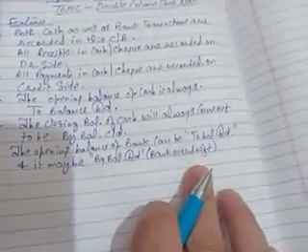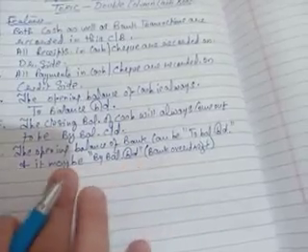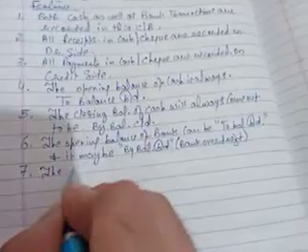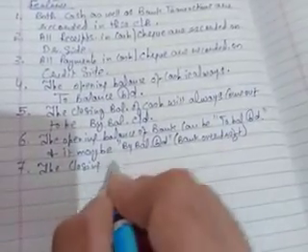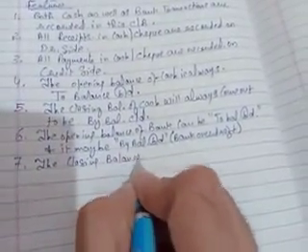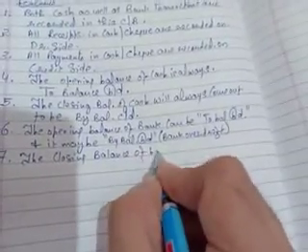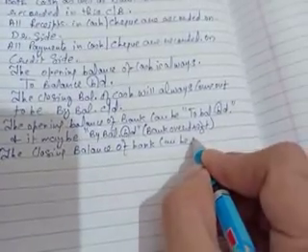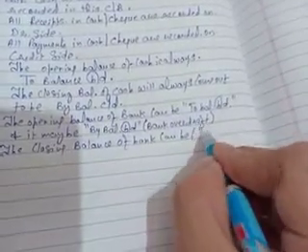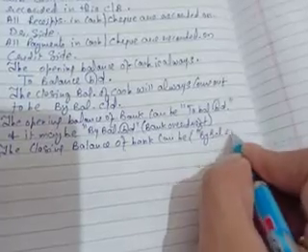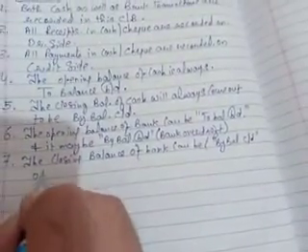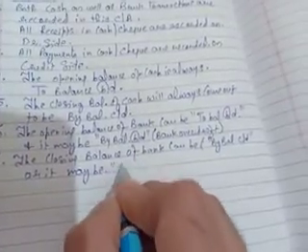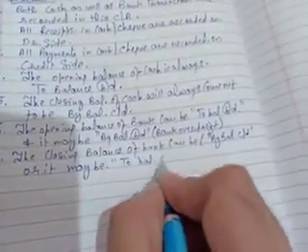It can be a credit balance also, which can be by balance brought down. Similarly, the closing balance of bank can be by balance carried down, or it may be to balance carried down.